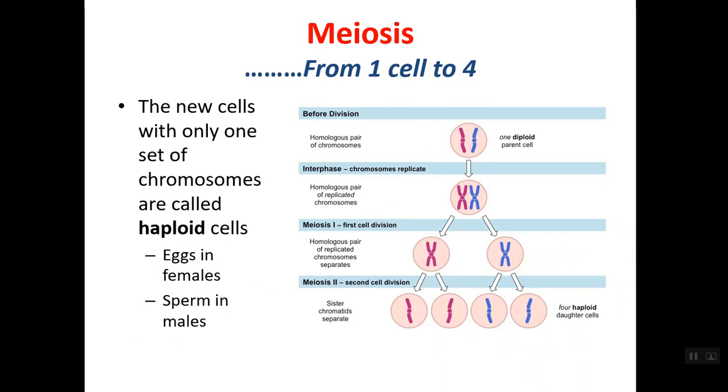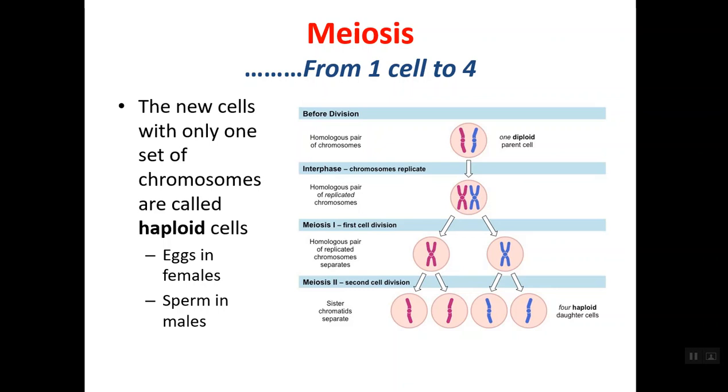All right, so how do you get from a diploid cell to haploid cells during the meiosis division? The trick here, first of all, remember that in each cell division, you cannot obtain more than 2 cells. In other words, a cell can only split in 2. It cannot split in 4 or in 6 or in 8.